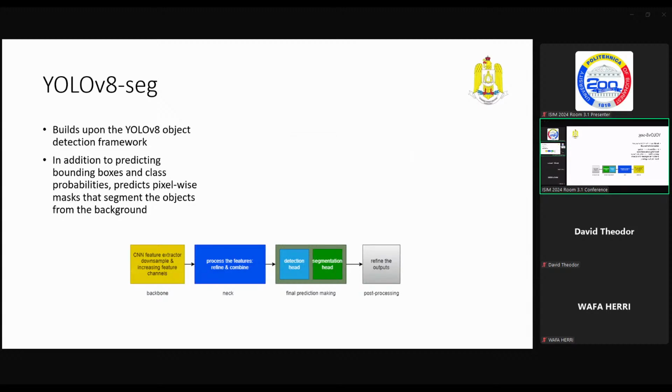So here, simplified again, convolutional networks for feature extraction, then the process part in the neck. Then in the final prediction in the head, we have two heads, the detection one and the segmentation one. And the last part, the post-processing part, where we refine the output.